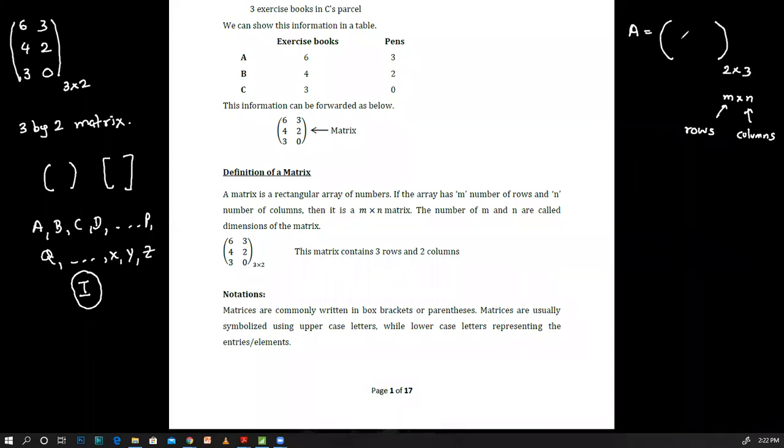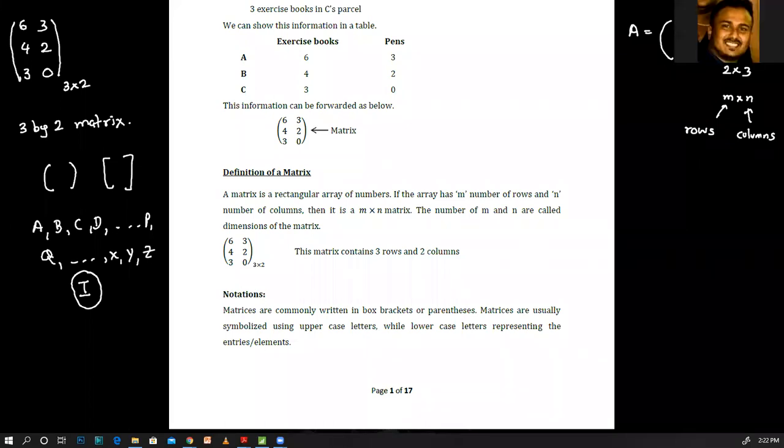And inside these parentheses, you have to write down the elements, or what we call the entries of the matrix. If the numbers are there, then there is no problem in writing the matrix. But if the values are represented using alphabetical letters, then you have to use lowercase letters to denote the entries or the elements of the matrix.